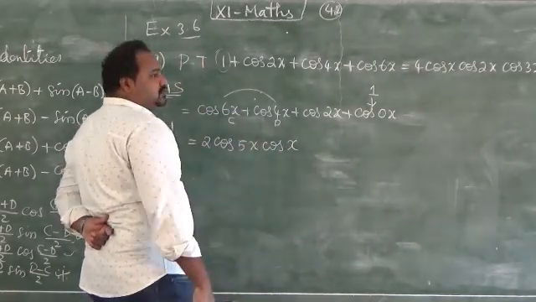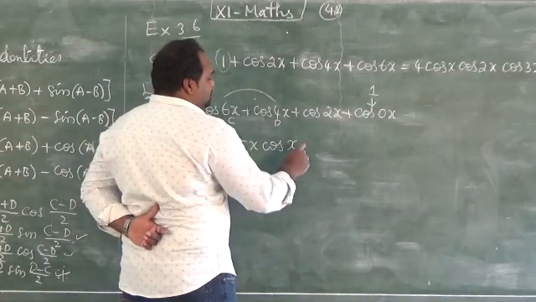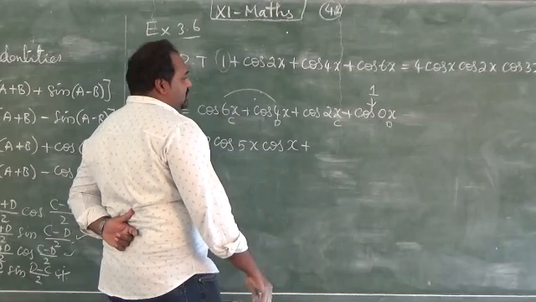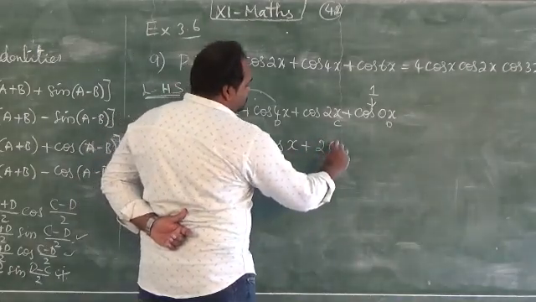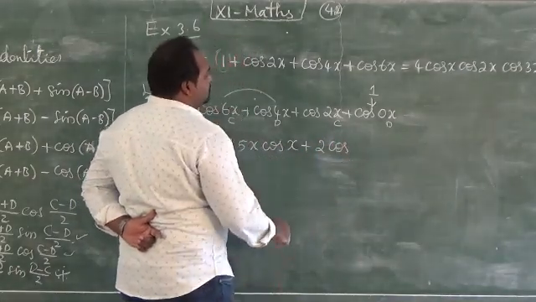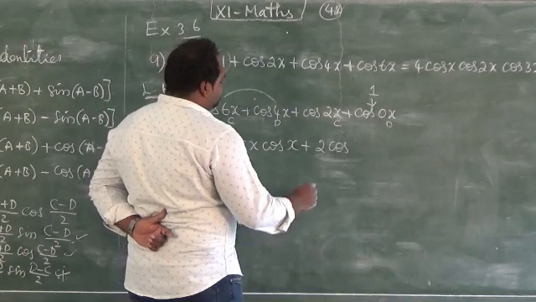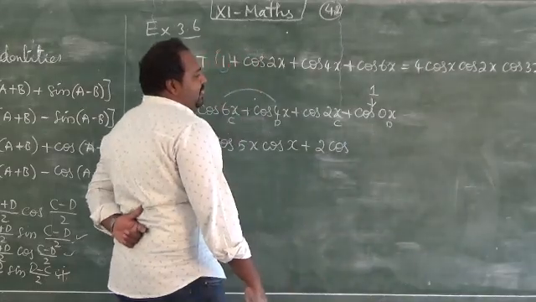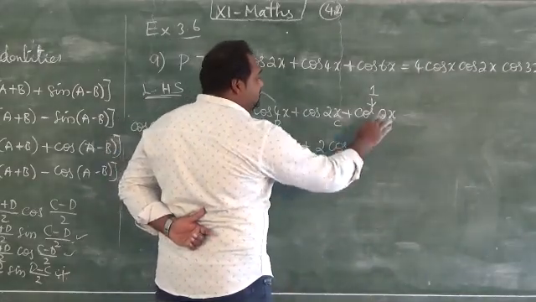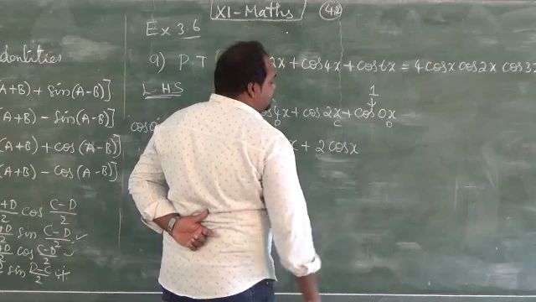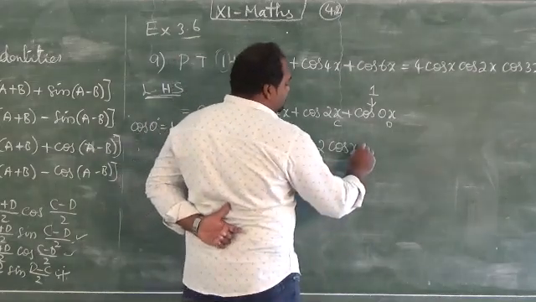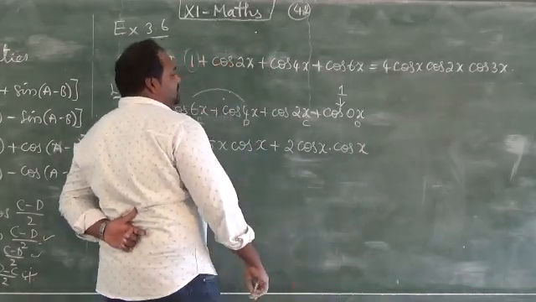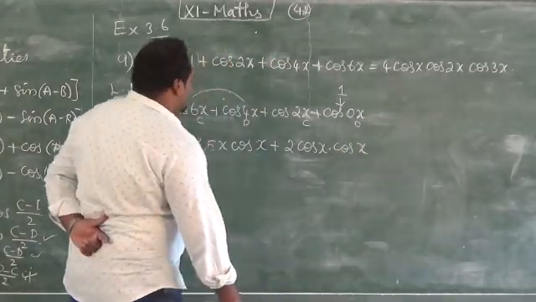This is also the same formula, cos C plus cos D: 2 cos of (2x plus 0x) by 2, which is cos x, divided by, into cos of (2x minus 0x) by 2, which is also cos x.